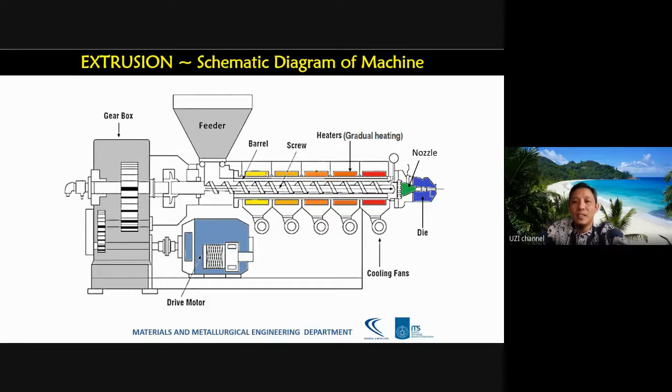I gave different colors to show schematically that the heat goes from left to right. The heating is higher on the right side, which is hotter. This part is the nozzle and this is the die.